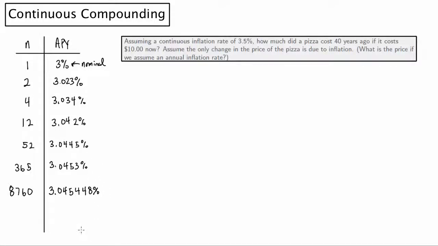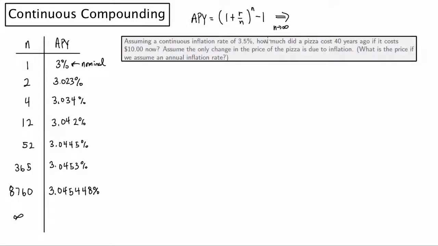But what this video is about is, what if I was able to or wanted to interpret compounding an infinite number of times per year? What would the APY be in that case? Well, let's remember that the APY formula is given by (1 + r/n)^n - 1. And what happens as n goes to infinity?